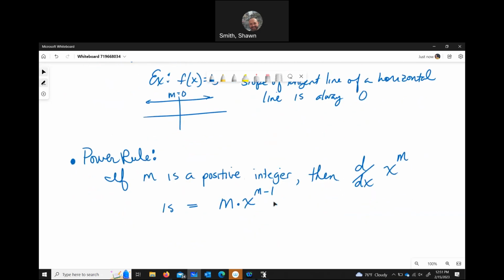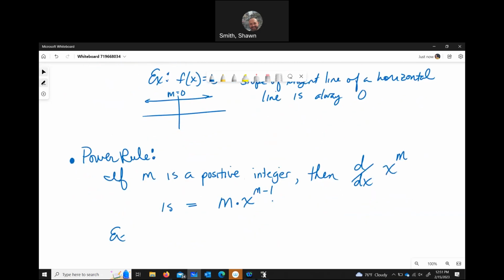So if I have f of x is equal to, let's just put x to the 7th power, f prime of x, this derivative, is using this power rule. The power comes out to the front as a factor, 7, multiplied back to the variable, to the 1 less power, 7 minus 1 is 6. That's the derivative.